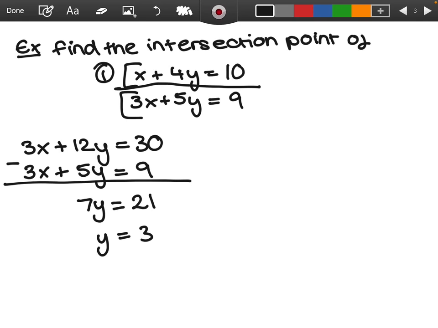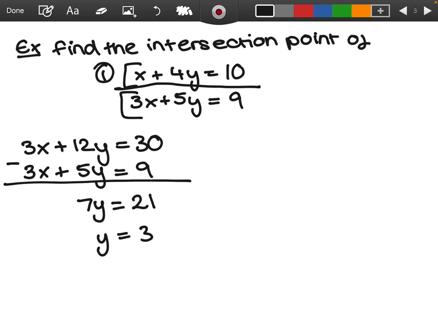So this is very convenient, especially if you have one of your variables in one of your equations actually has a coefficient of 1, like we had for x in our first equation here, because then you can just multiply that equation through by whatever the coefficient is in the second equation, multiply that whole equation through by that value, and then subtract one equation from the other.